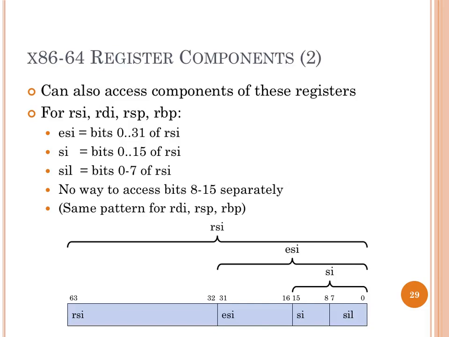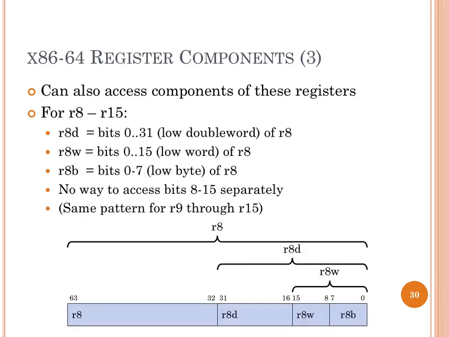These registers are used for pointers most of the time, or at least that was their original design. You can use them for whatever you want. But since they are designed to be pointers, that's why you have RSI, then ESI, then SI, and SIL. But there's no such thing as SIH.